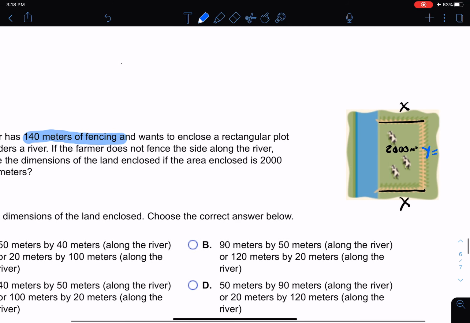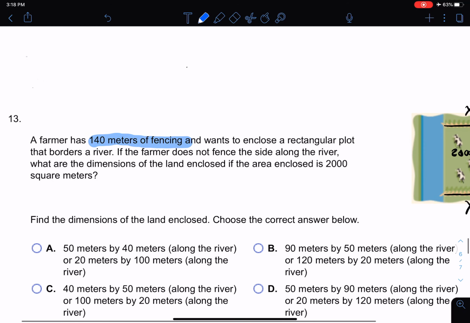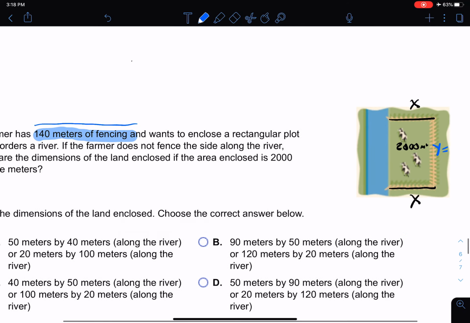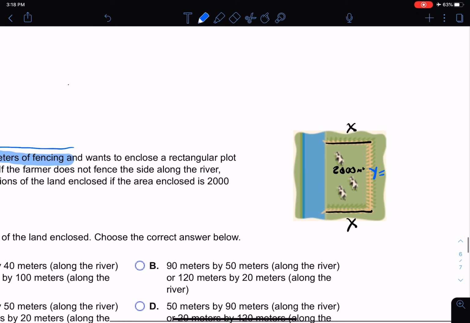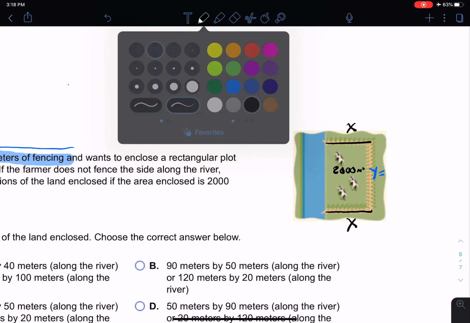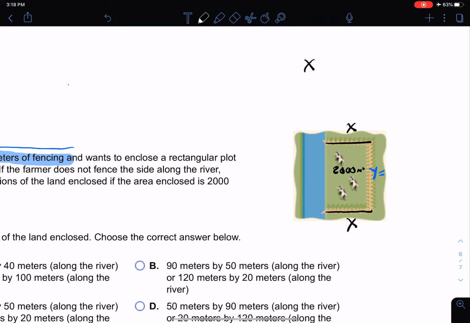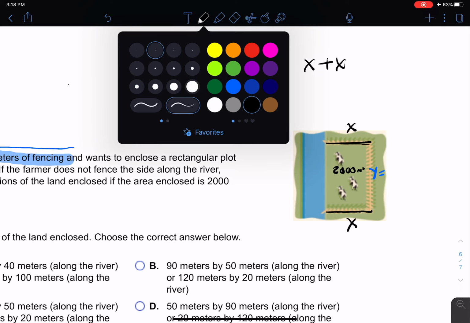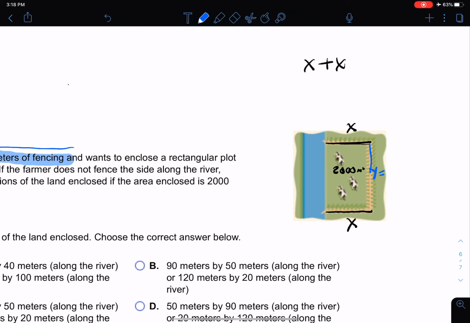The fencing that they have to work with is 140 meters of fence. So really what I can say is x plus another x, right? There's an x here, there's an x there, plus what else? This y value right here, plus 1y. The water's taking care of the other side.